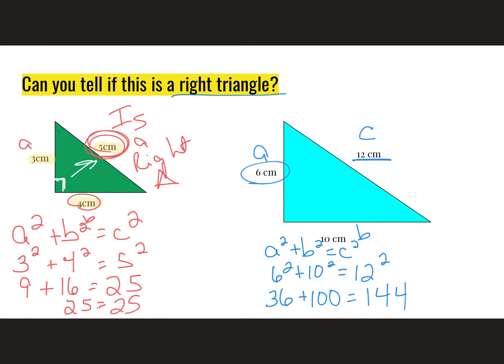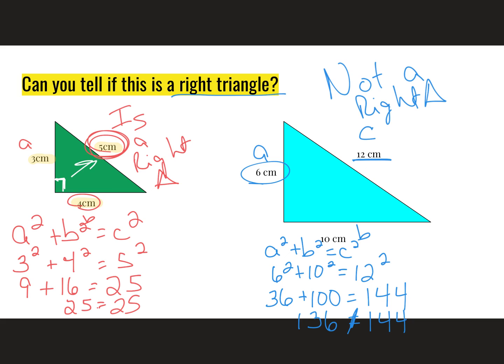So I'm going to add up my sides A and B, and I end up with 136 equals 144. However, that is not true. That means this is not a right triangle, because the side lengths don't work.